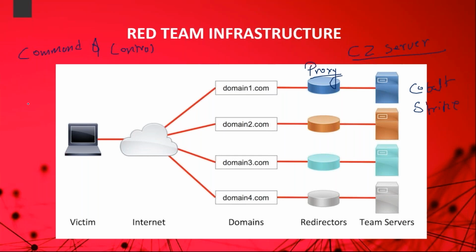So what is a redirector? A redirector is a system that works as a proxy for all the traffic from your target network to your team server system, right? All the traffic that arrives from your target will be redirected by these redirectors. They are proxies.